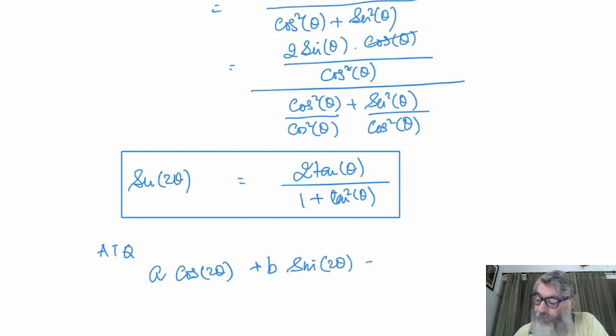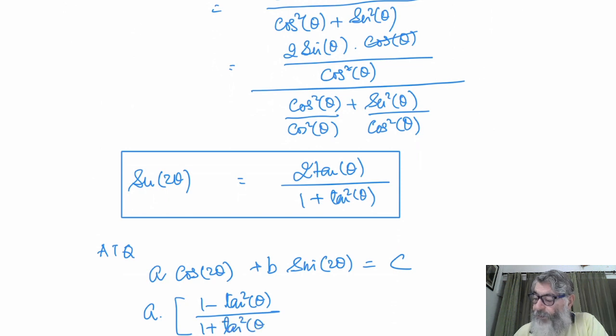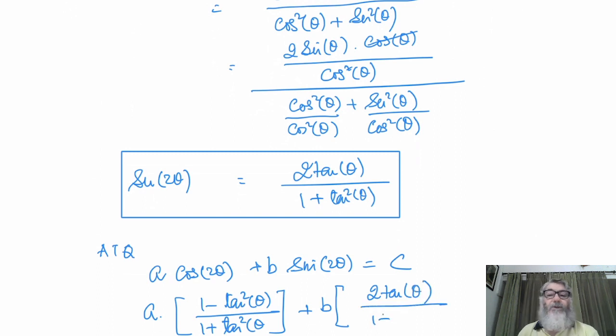So instead of cos 2 theta, I am going to write 1 minus tan square theta upon 1 plus tan square theta, plus B, and sine 2 theta is 2 tan theta upon 1 plus tan square theta, is equal to C.